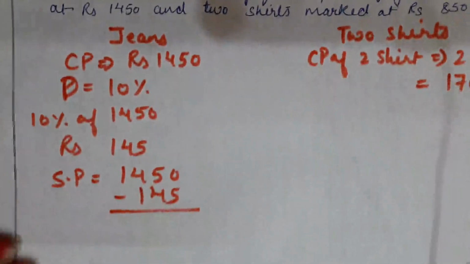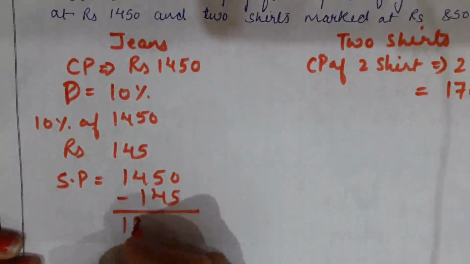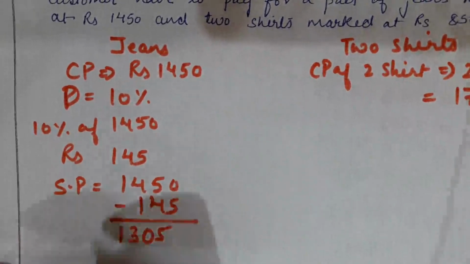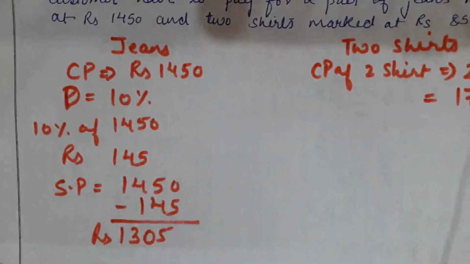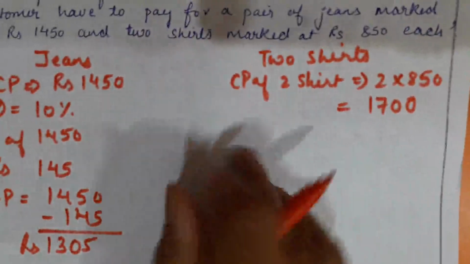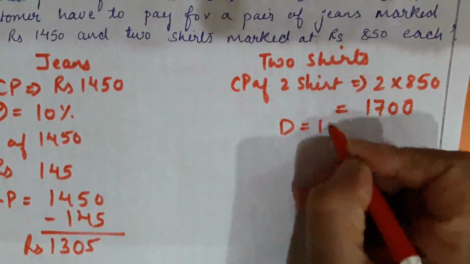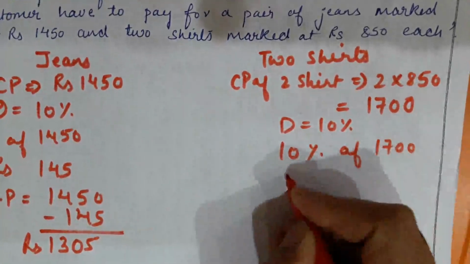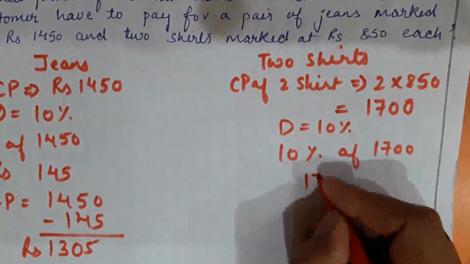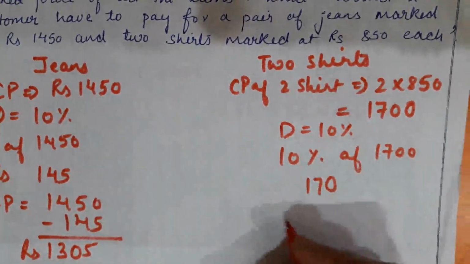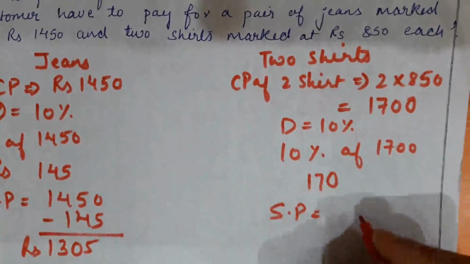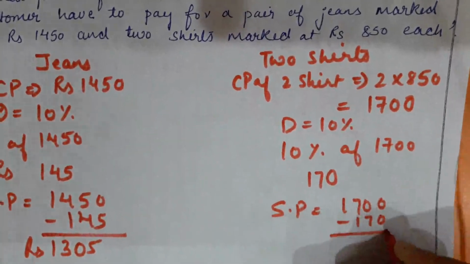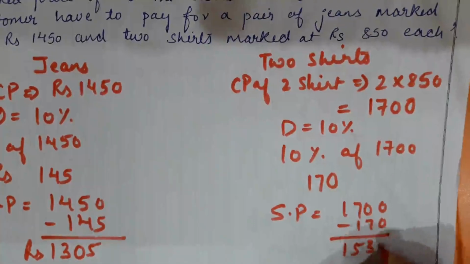So he has to pay 1305 rupees for jeans. Okay, now for two shirts, he is getting a discount of 10% again. So 10% of 1700 means he is getting a 170 rupees discount. So the selling price of these two shirts will be 1700 minus 170, you will get 1530.